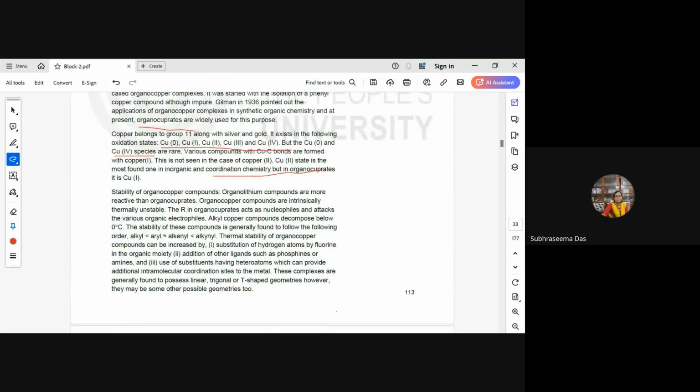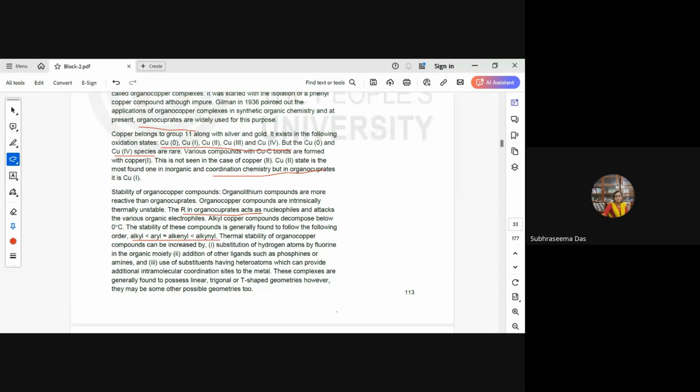Now, when we look into the stability of organocopper compounds, the R present in the organocuprates acts as a nucleophile and attacks various organic electrophiles. The stability follows the order alkyl less than aryl, approximately equal to alkenyl, and further less than alkynyl.